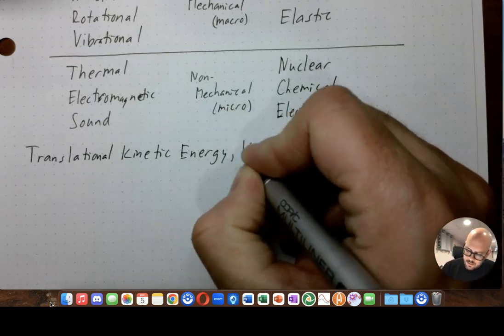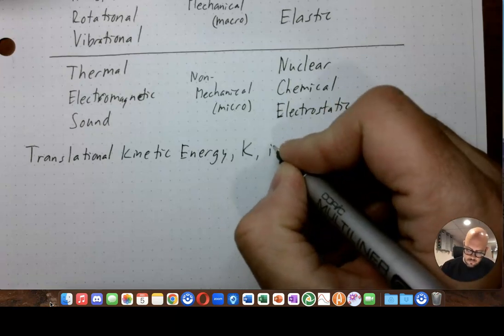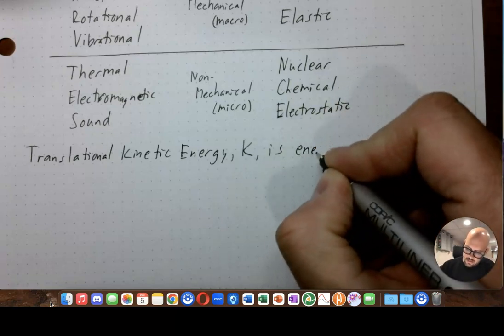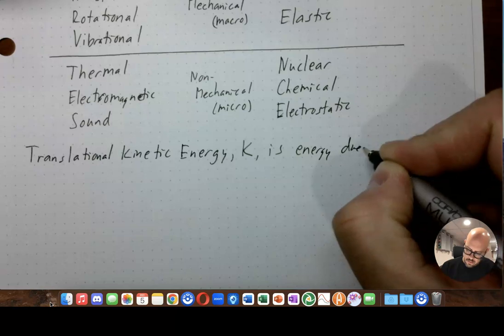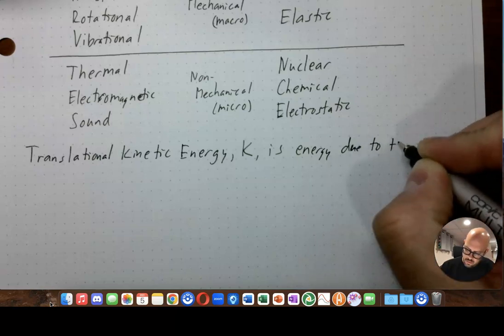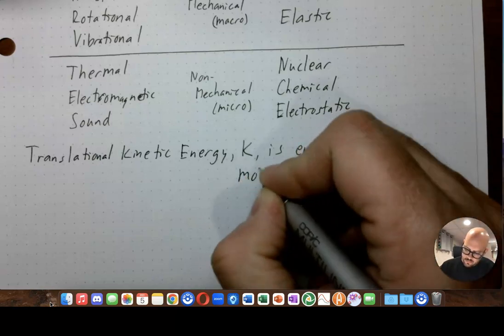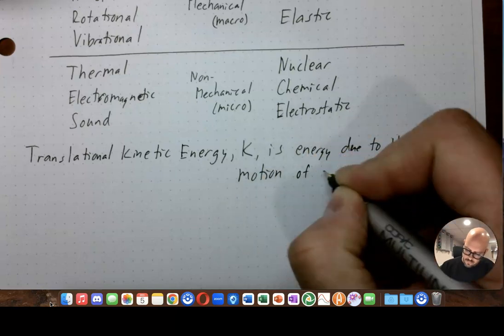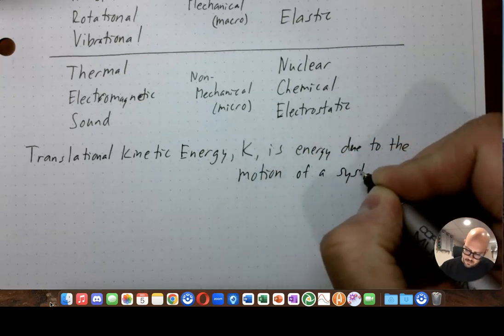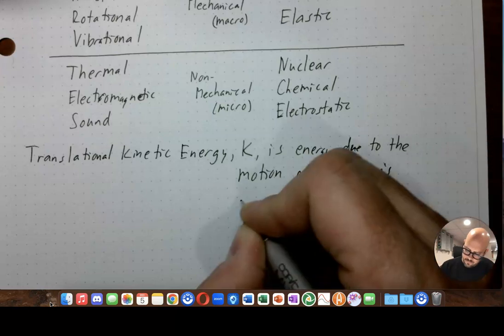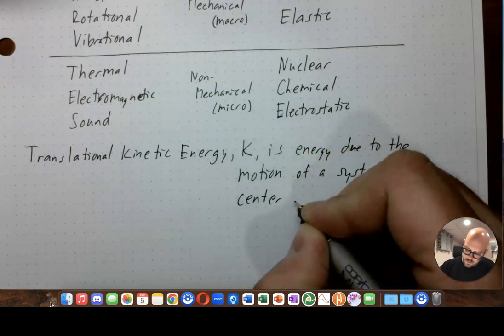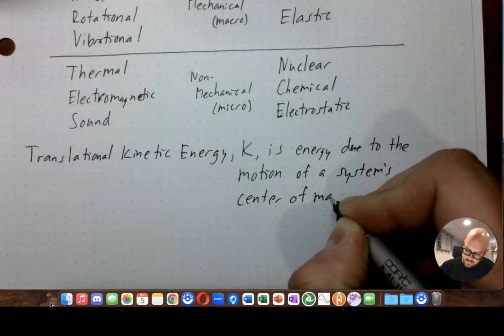It has the symbol K, and is energy due to the motion of a system's center of mass.